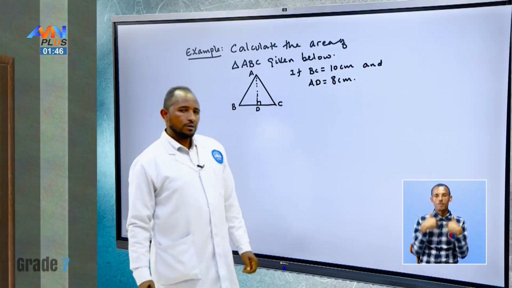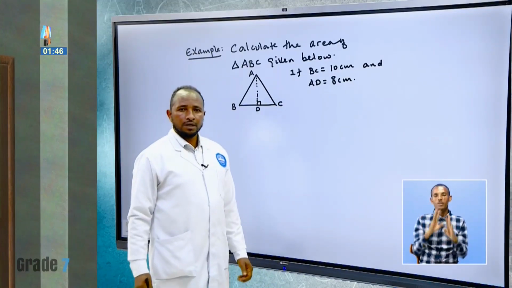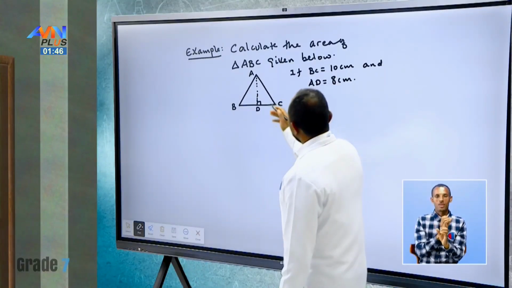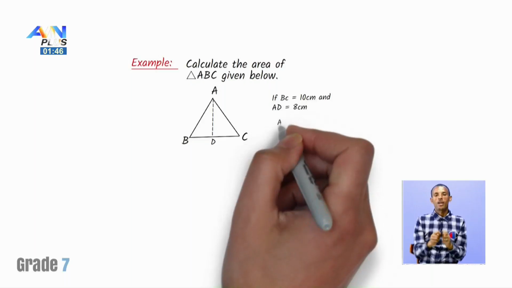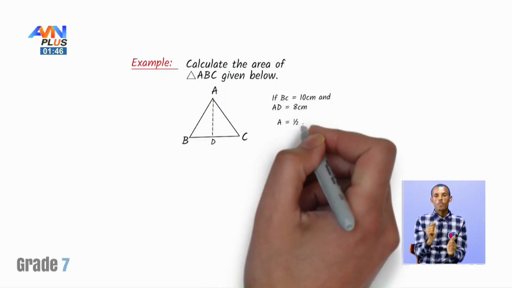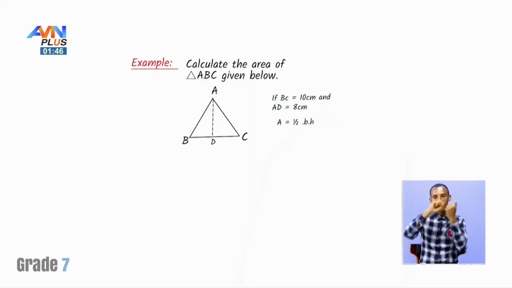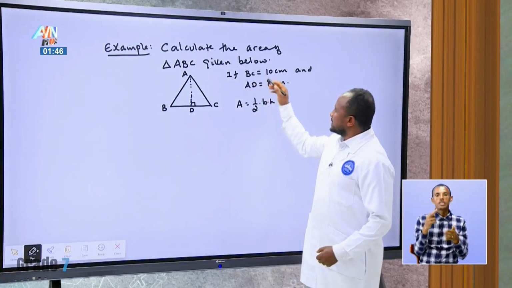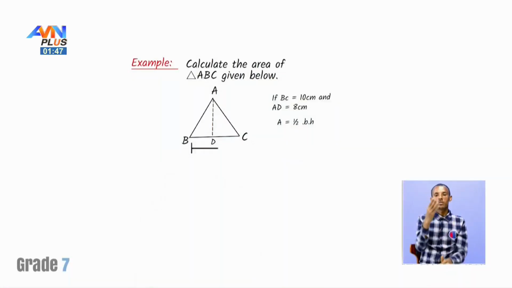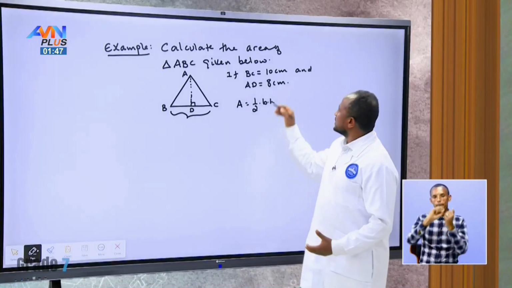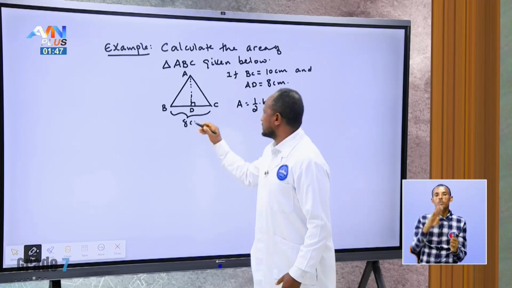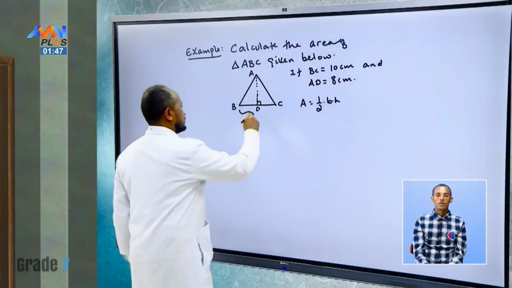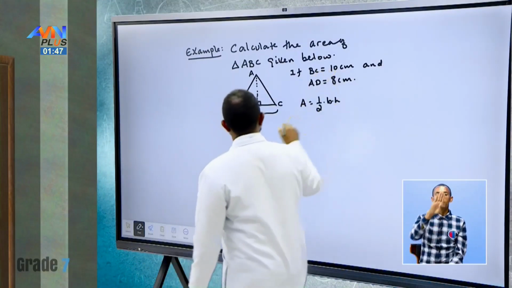Students, have you tried the question? Good. Now let's see the answer. To calculate the area of this triangle, area is equal to half times base times height. In this case, the length BC is given. BC is this distance, the base, which is 10 centimeter.